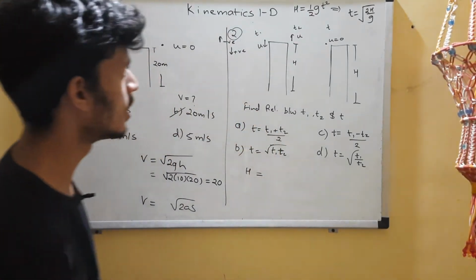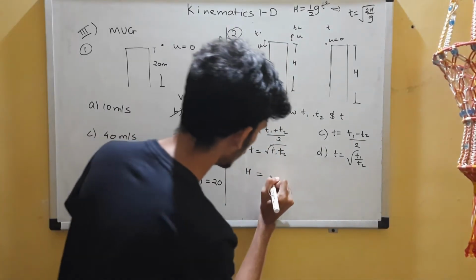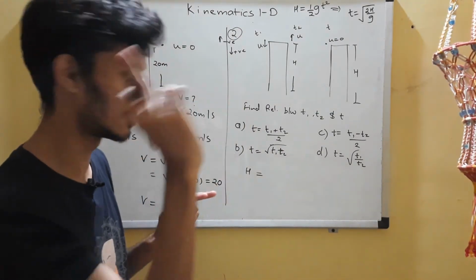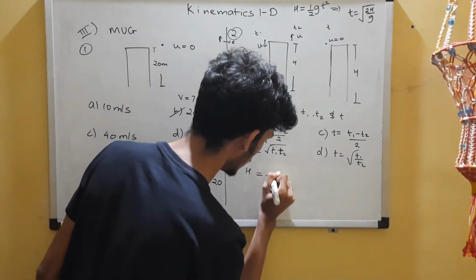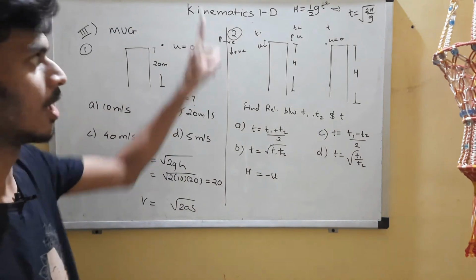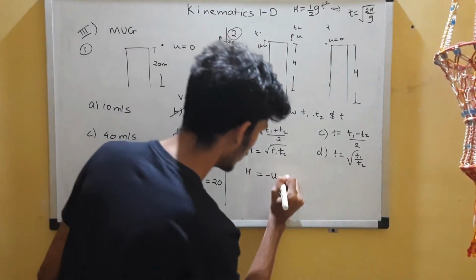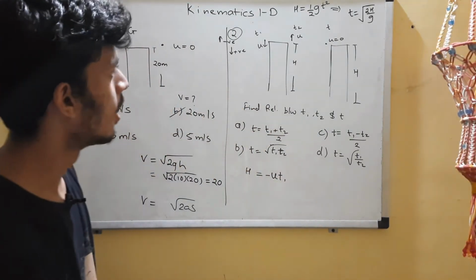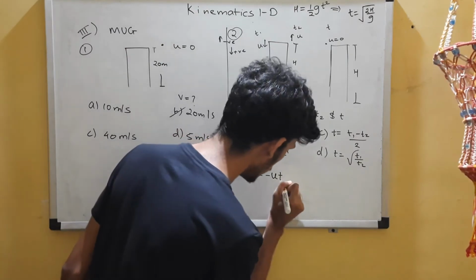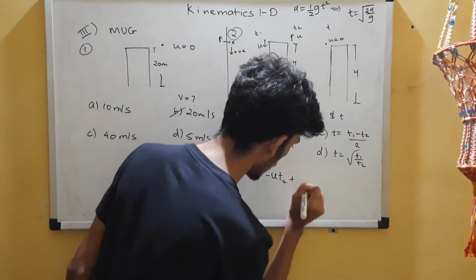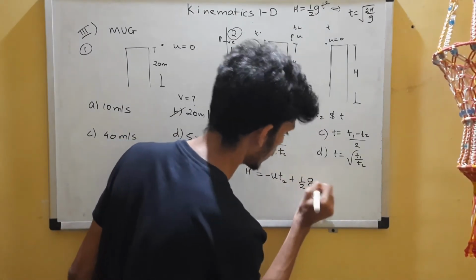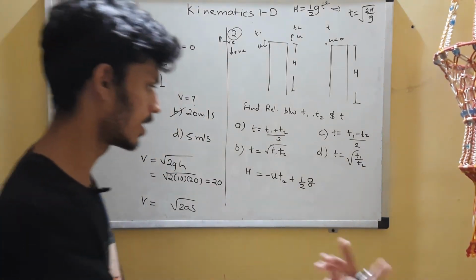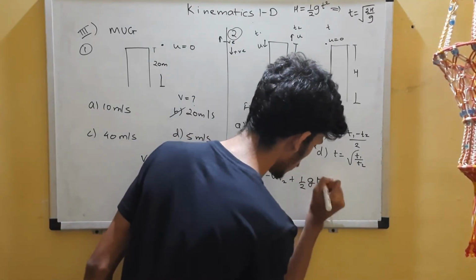h is equal to minus u, now u is in the upward direction. Remember the conventions, so minus u, upward direction negative, into t2, ut plus half a, now acceleration due to gravity g, downward direction positive, t2 square.